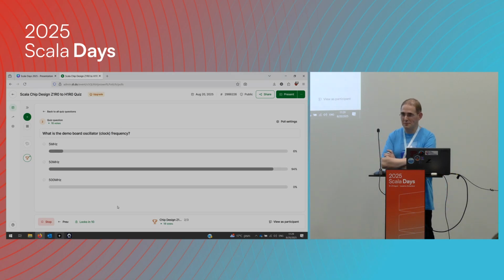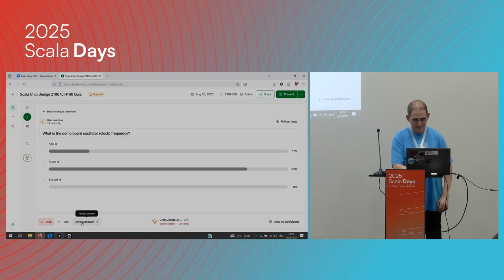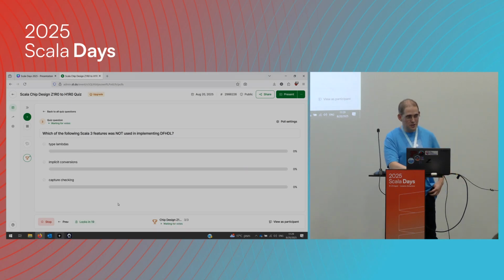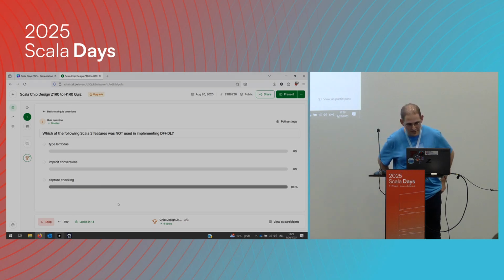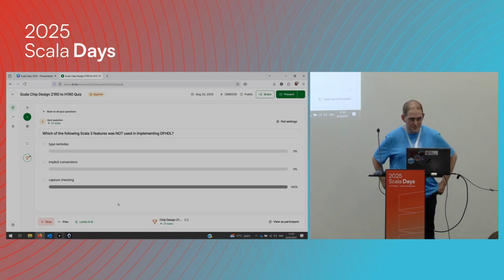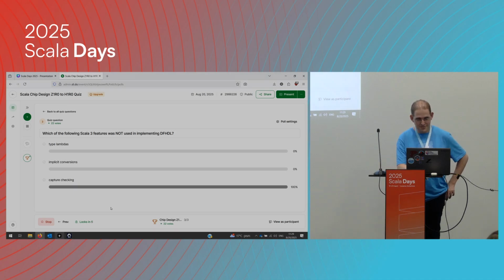I mentioned it very briefly. 50 megahertz. And then, which of the following three Scala 3 features was not used in implementing DFHDL? Indeed.